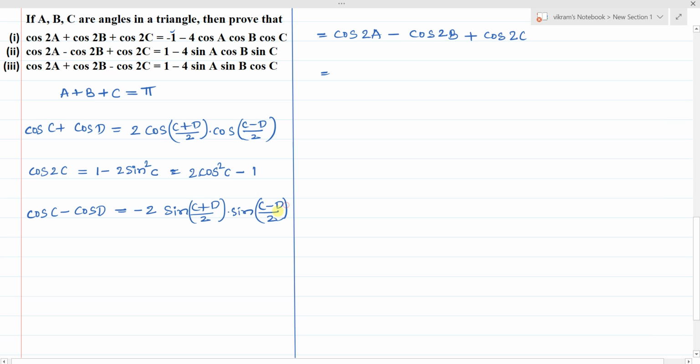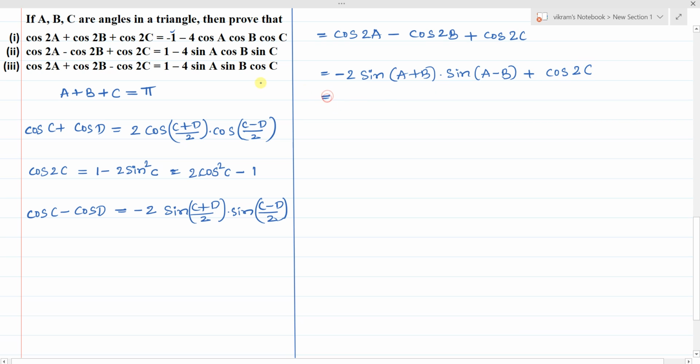By using this transformation formula, we can write this as minus 2 sine of (2A plus 2B) by 2, as (A plus B), into sine of (2A minus 2B) by 2, as (A minus B), plus cos 2C.